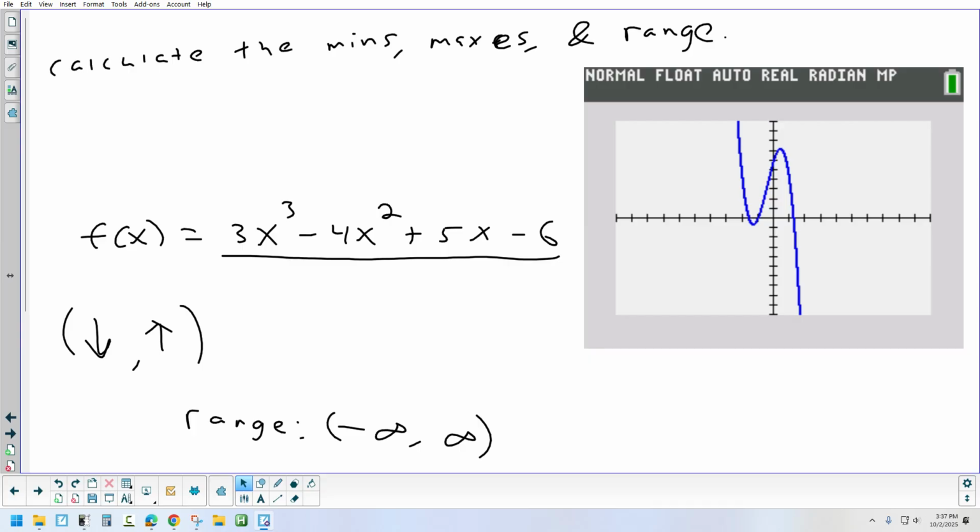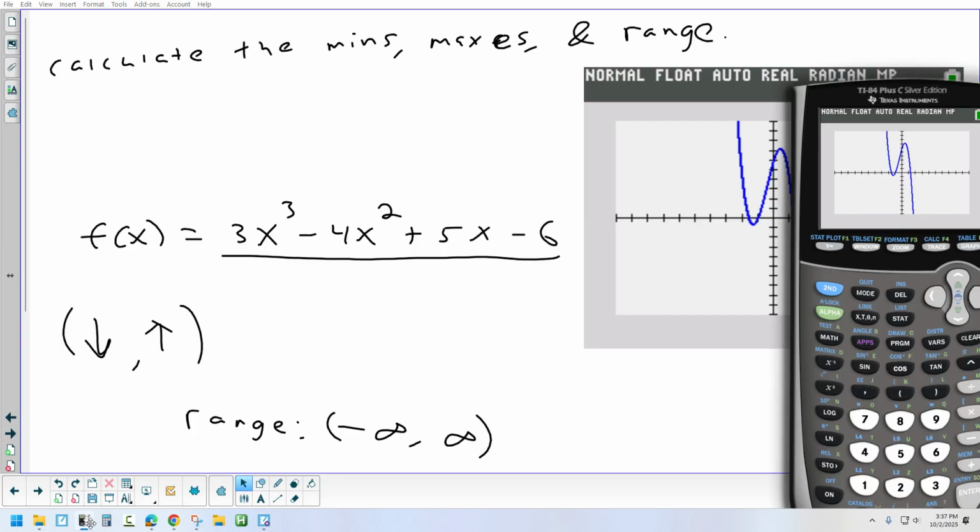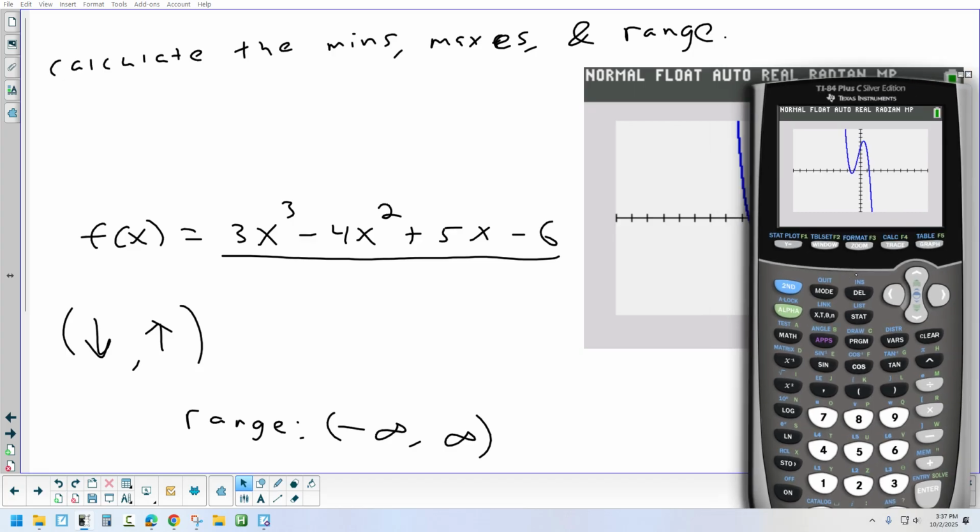Okay, so let's do the minimum. How do I calculate the minimum on the left? Second trace, and then minimum. So that's all you have to remember.